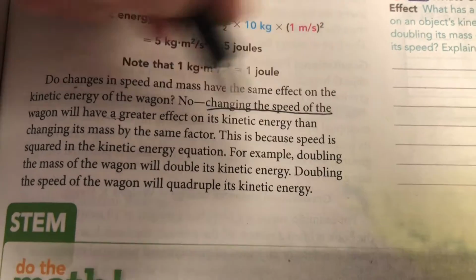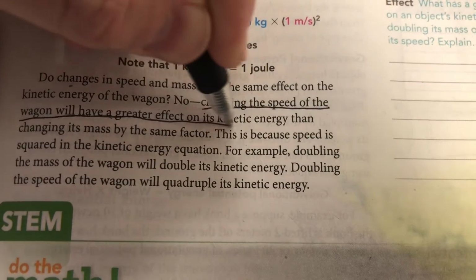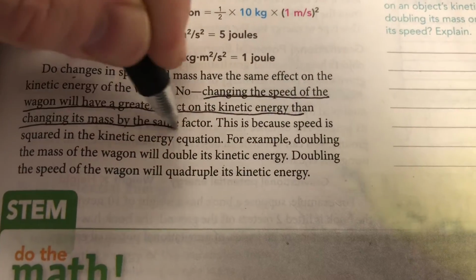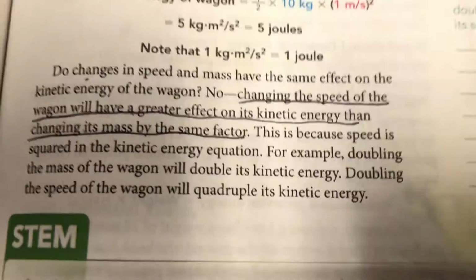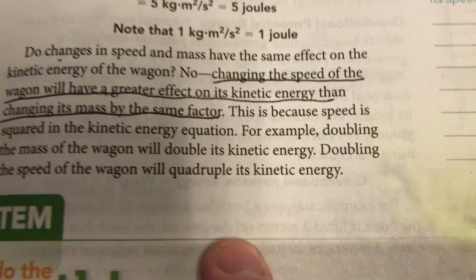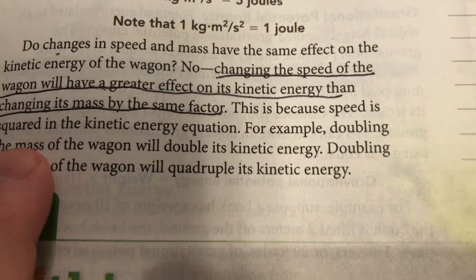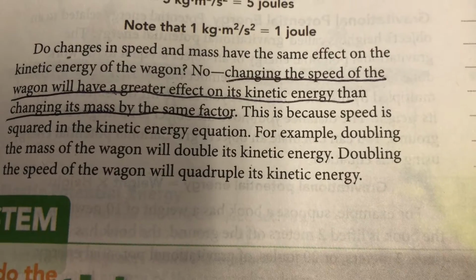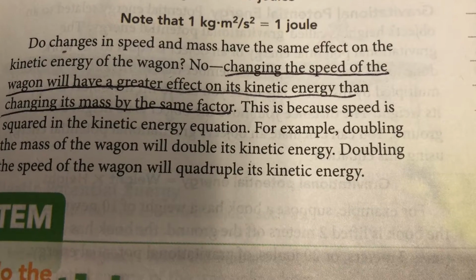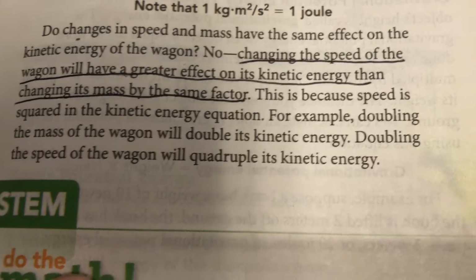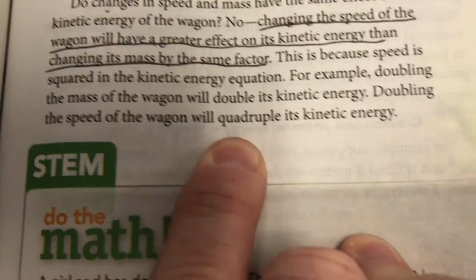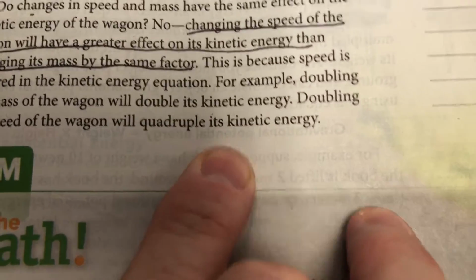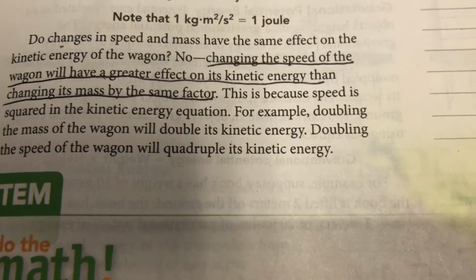Changing the speed of the wagon will have a greater effect on kinetic energy than changing the mass of that object. This is because speed is squared in the kinetic energy equation. For example, doubling the mass of the wagon will double its kinetic energy, but doubling the speed of the wagon will quadruple its kinetic energy. Okay?